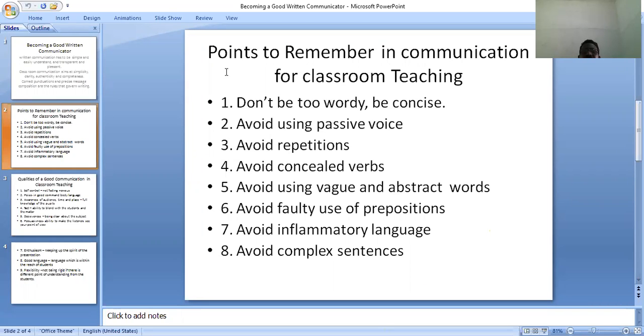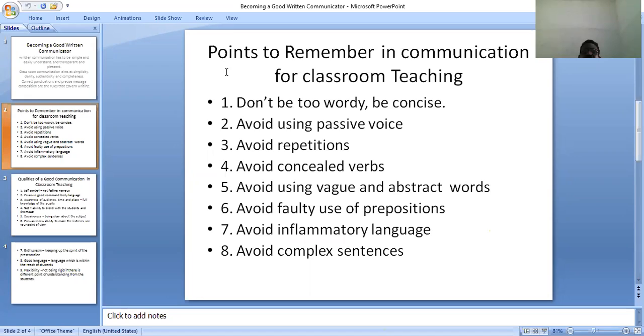Avoid repetitions. Avoid repeating the same sentence a number of times. Avoid concealed verbs. Avoid using vague and abstract words.